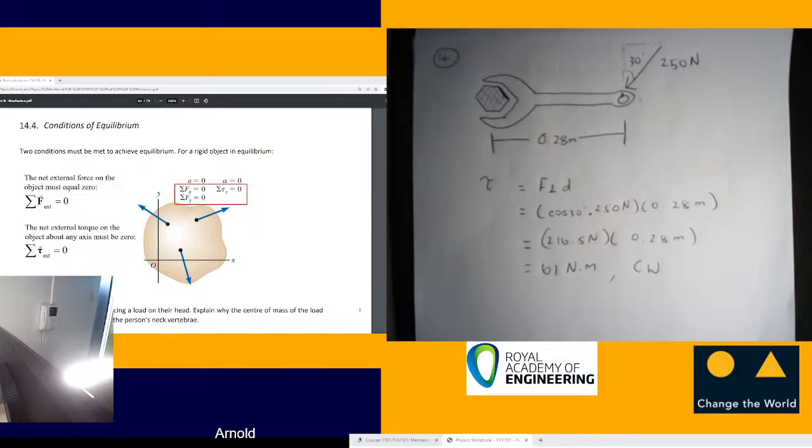I needed to calculate the perpendicular component of the force. That is why I used cos and not sine.